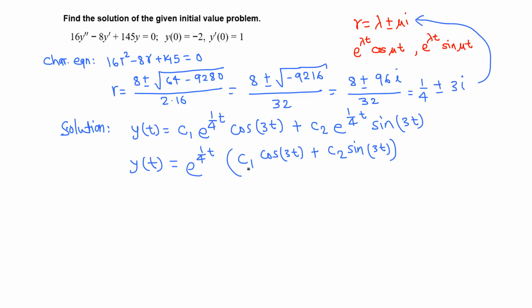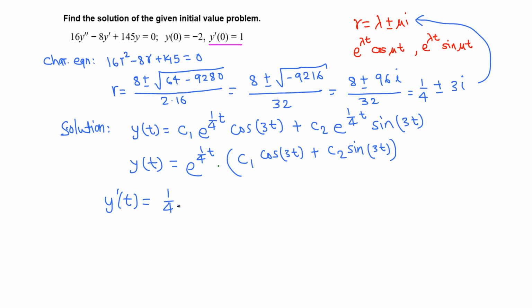Okay, for C1 and C2 now we use the initial conditions. The second initial condition requires us to use y prime. To find the derivative here, we have a product of two functions, so we need to use the product rule. So y prime of t equals derivative of first factor, the exponential function itself, times derivative of 1/4 t, which is 1/4.